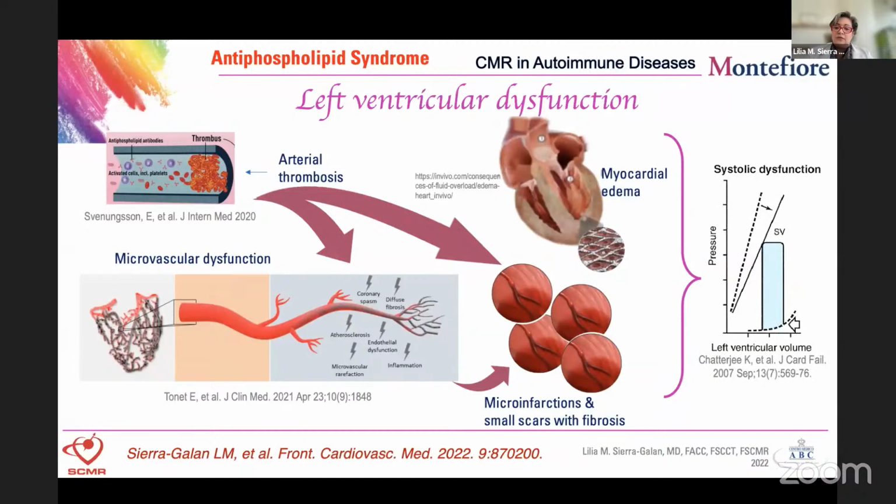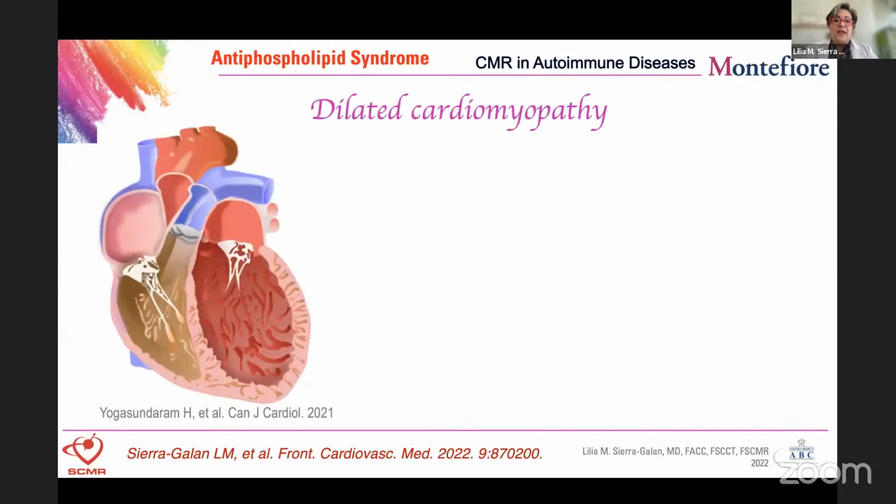But the systolic dysfunction, even if it is caused by myocardial edema and fibrosis, is not related to atherosclerosis; it is related to the arterial thrombosis and the microvascular dysfunction. So these patients end up in dilated cardiomyopathy.